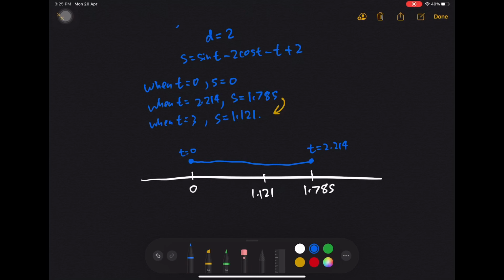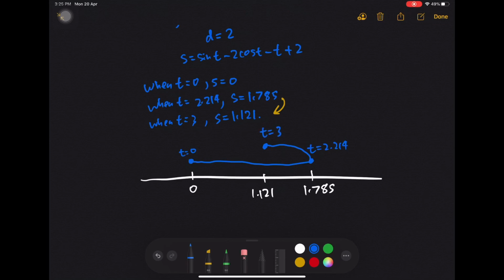Okay, 1.785 meter. Then it U-turns back, it reverses its direction. So it's going to reverse back to here, my displacement to be 1.12. And this will be my time to be 3 seconds.